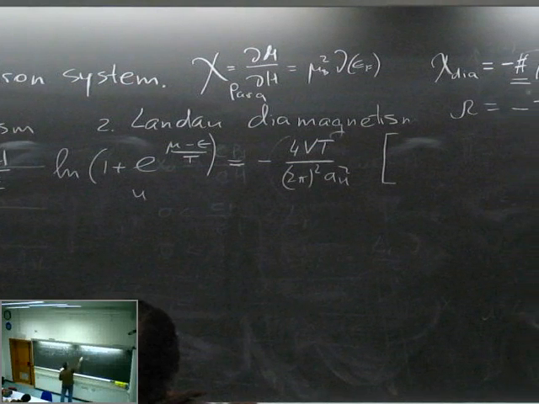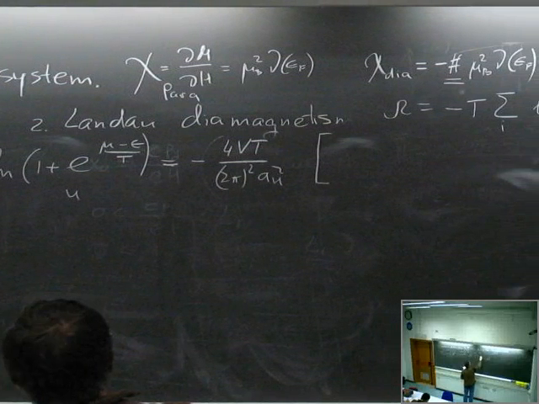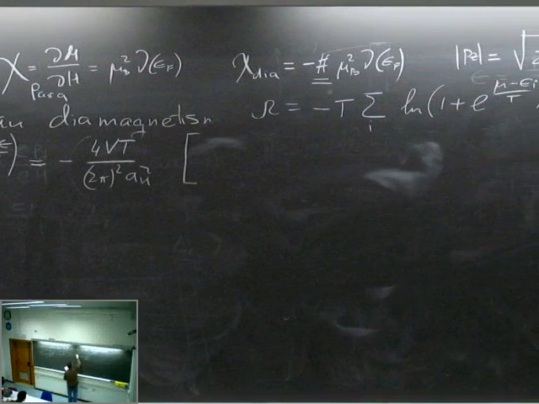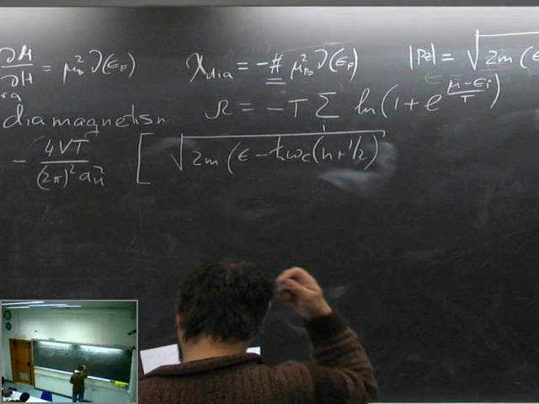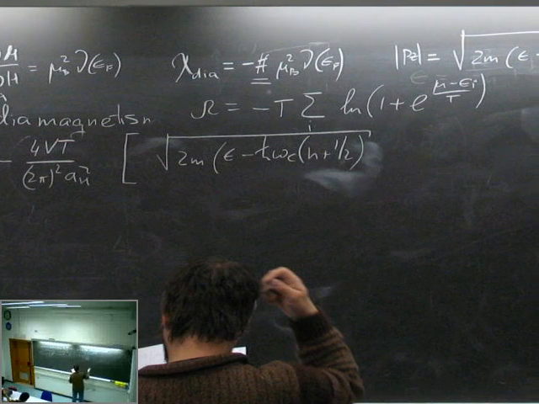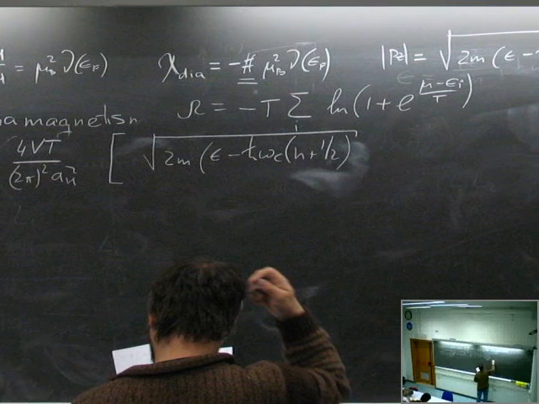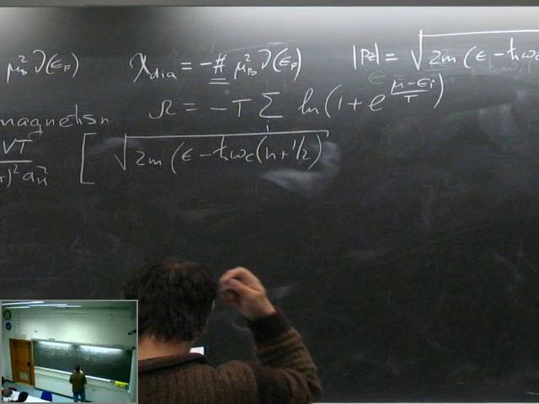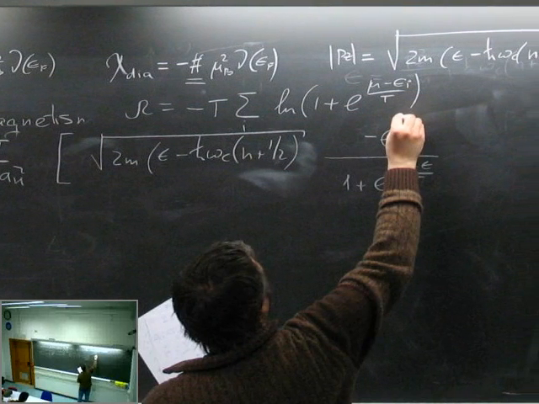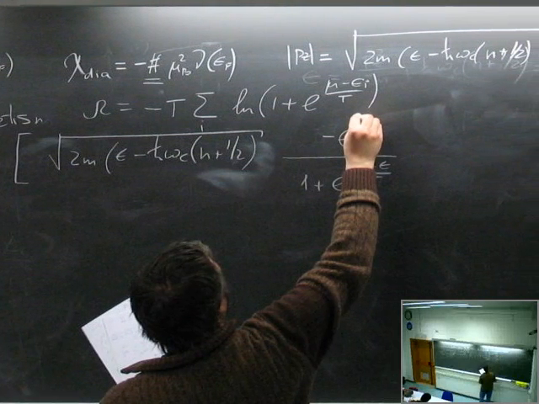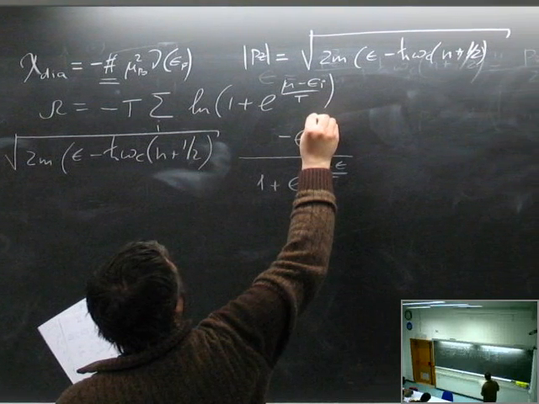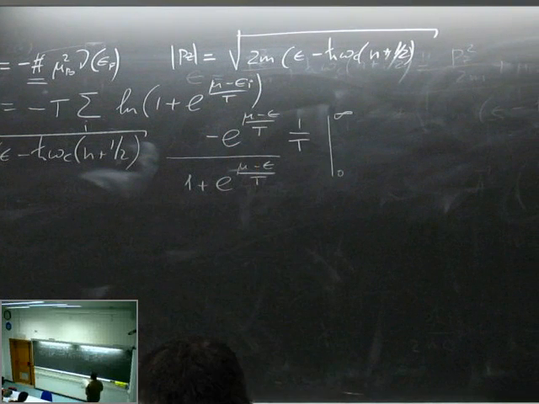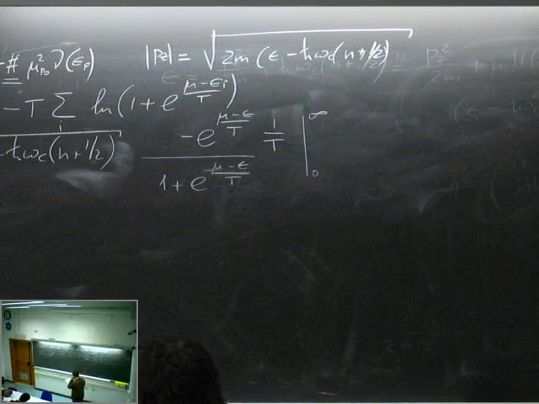So now pz gives me the square root of 2m times epsilon minus h omega_c (n plus 1/2), times the derivative of the logarithm, which is 1 over 1 plus e to the power minus (mu minus epsilon) over T, times minus e to the power (mu minus epsilon) over T, times 1 over T. In the limits 0 to infinity, minus the remaining part.